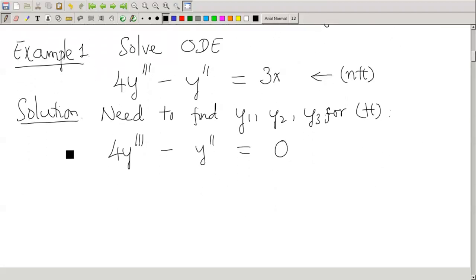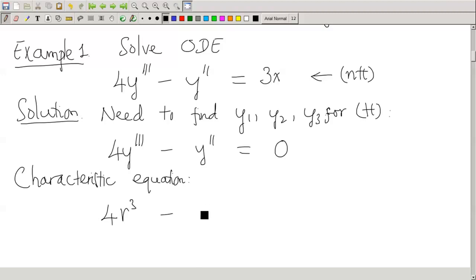So to find those solutions, we have the characteristic equation. The third derivative gives us 4r cubed. The second derivative gives us r squared.